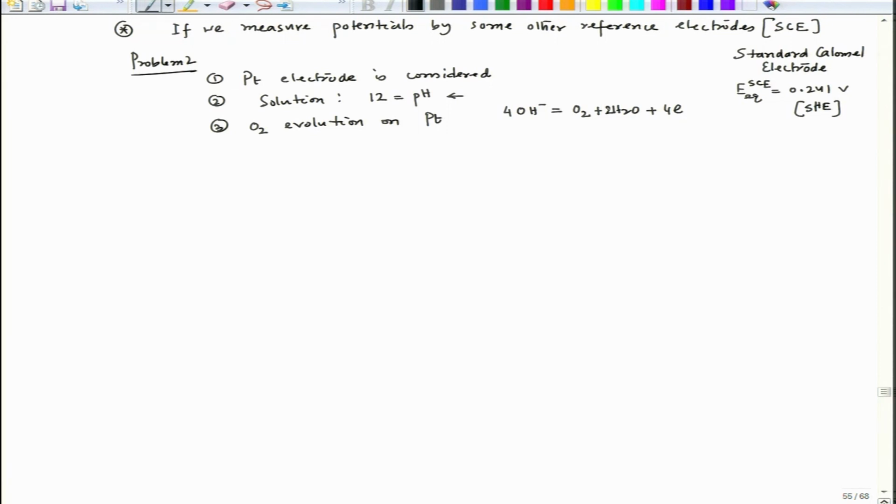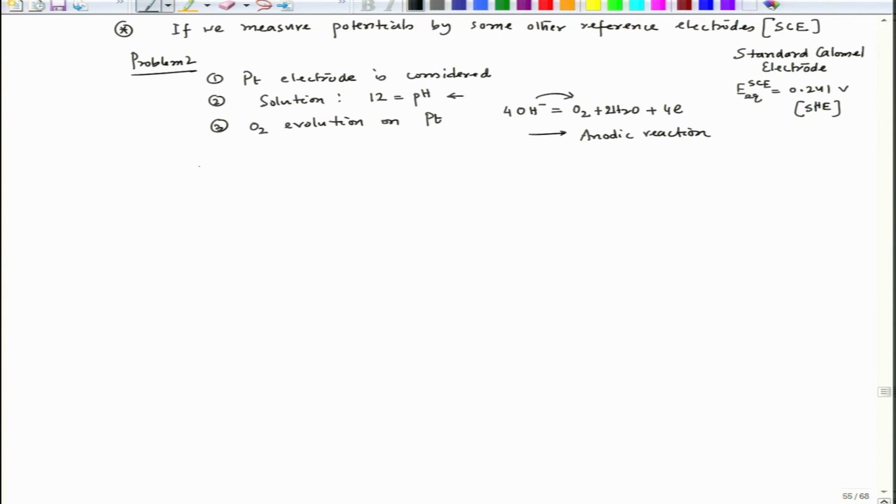So, this is the reaction we should consider. Now, we could see that oxygen evolution can take place if the reaction is anodic. That means the reaction is moving this way, so anodic reaction we are considering.